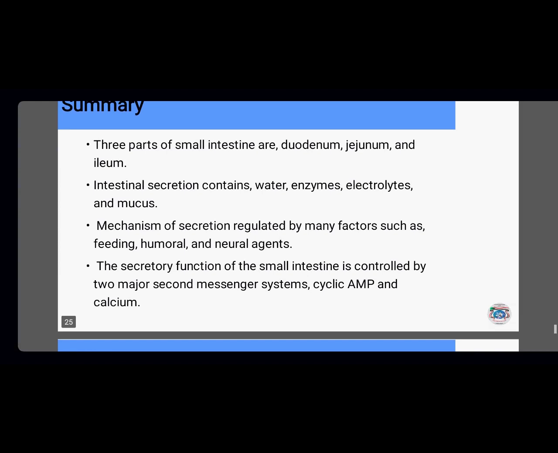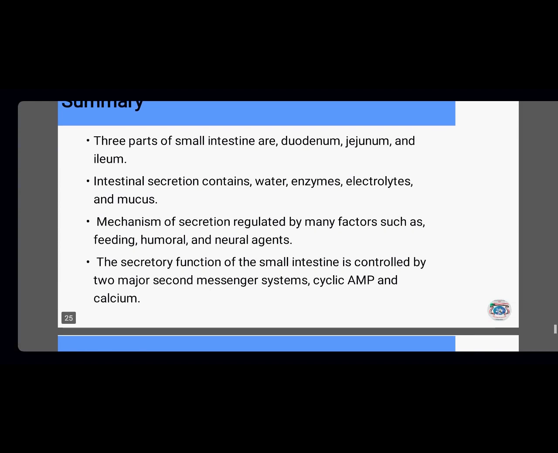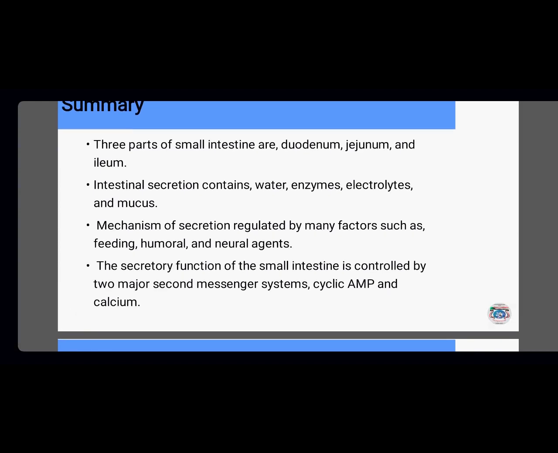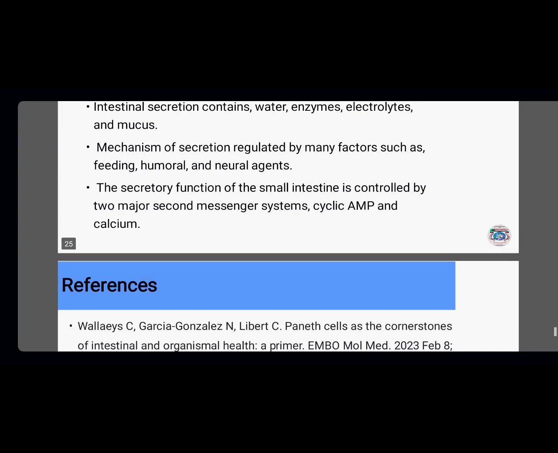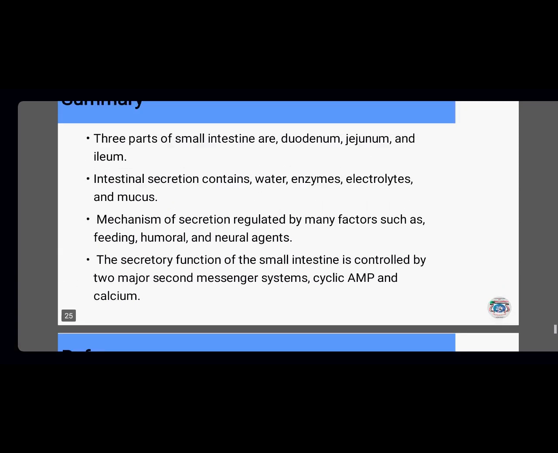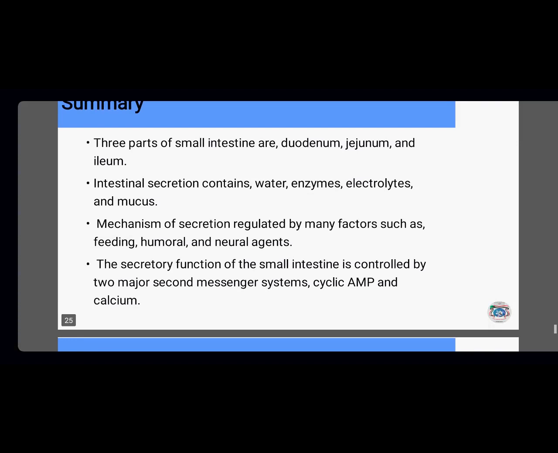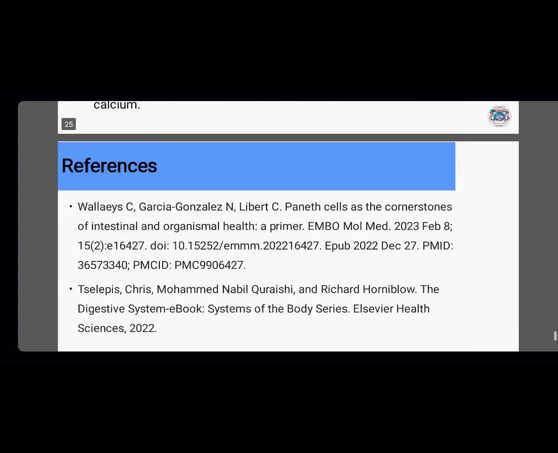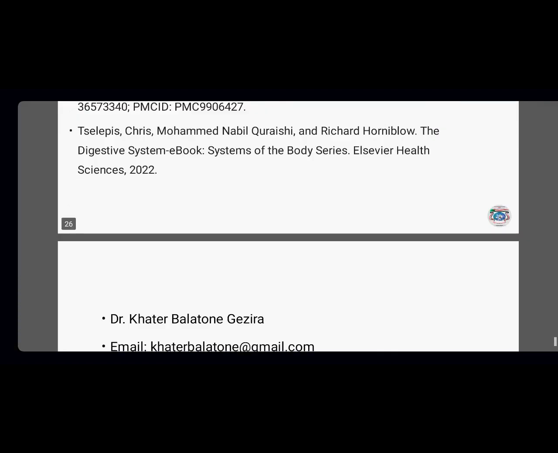The secretory function of the small intestine is controlled by two major second messenger systems, cyclic AMP and calcium. By the end of this slide, we are finished. This is the reference. If you have any question, comment, or addition, you are welcome.